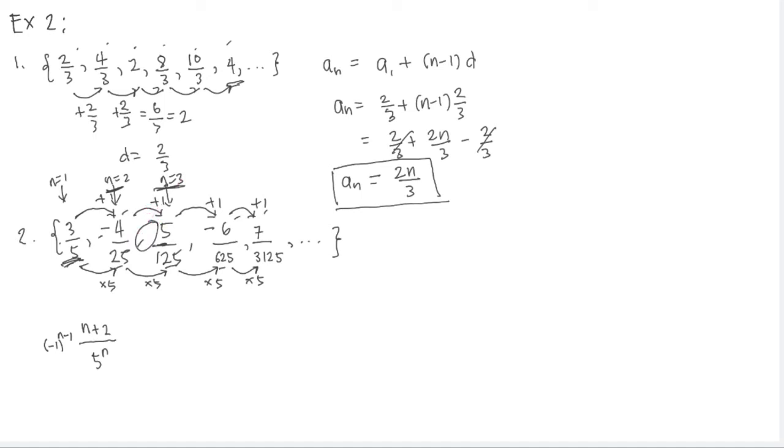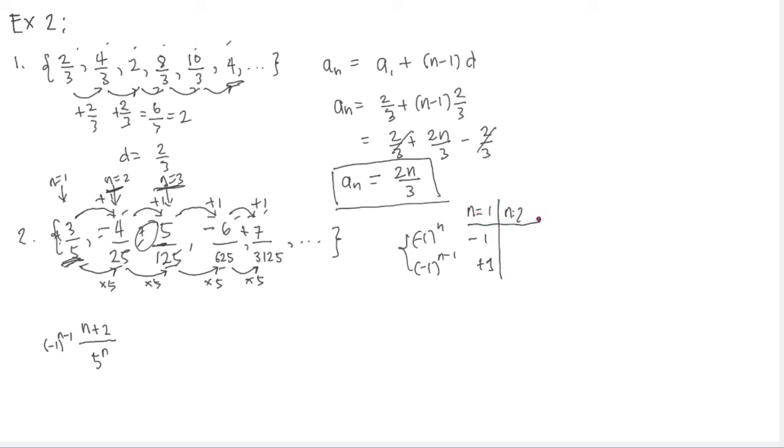So if you have alternating signs, positive, negative, positive, negative, all you need to do is multiply by either negative 1 to the n or negative 1 to the n minus 1, depending on the first term. So depending on the value of n, if n is equal to 1, then this is negative and this is positive.